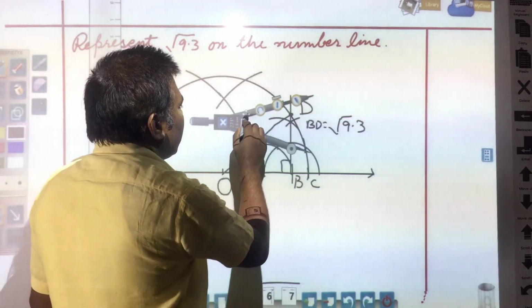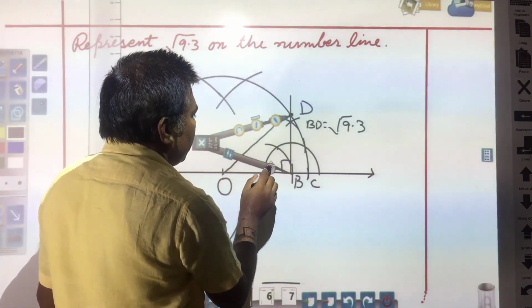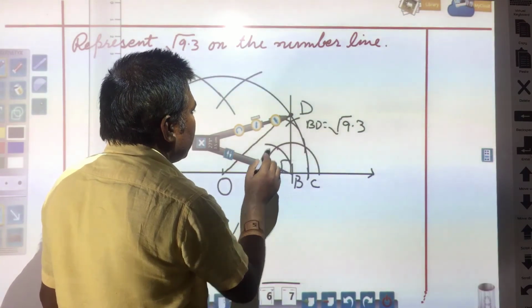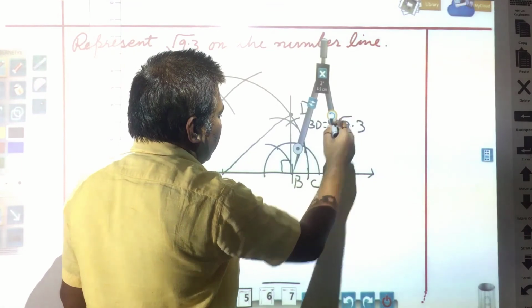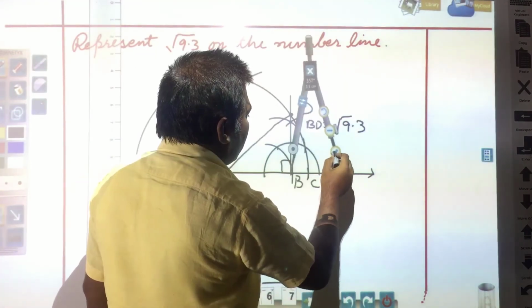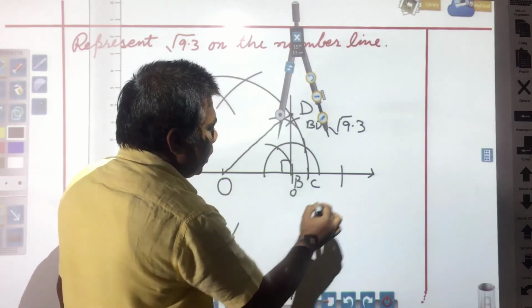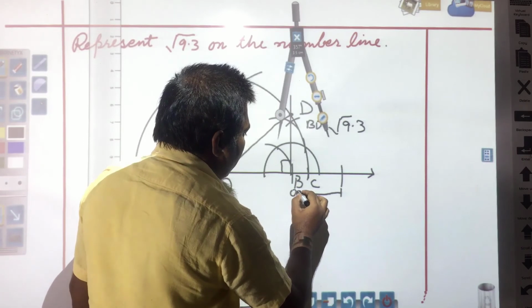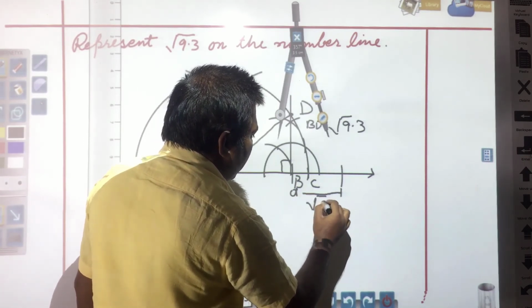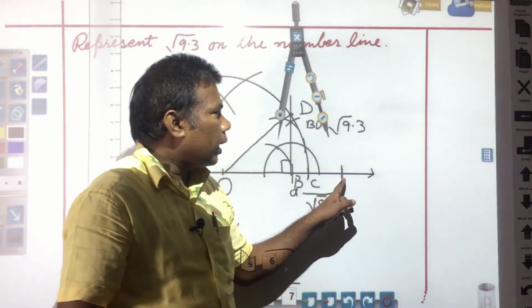So, now you mark on your number line, put your needle over here and mark your number line. Mark on your number line like this. Now, your B you suppose that starts with 0, and this distance what you got, this is under root 9.3. So, this is under root 9.3.